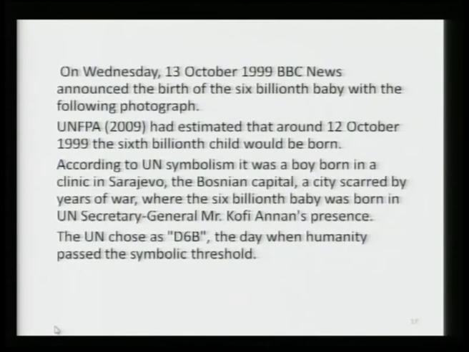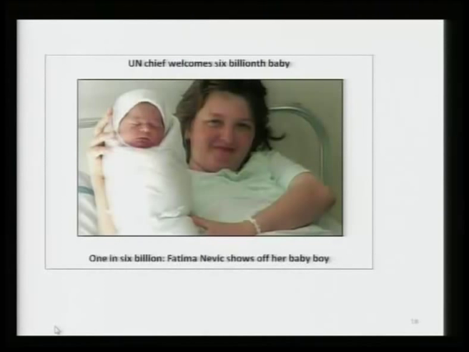D means day, 6B, 6 billion, the day when humanity passed the symbolic threshold of 6 billion. This is the picture that was released by the United Nations. UN chief welcomes 6 billionth baby, a baby with her mother in Sarajevo.